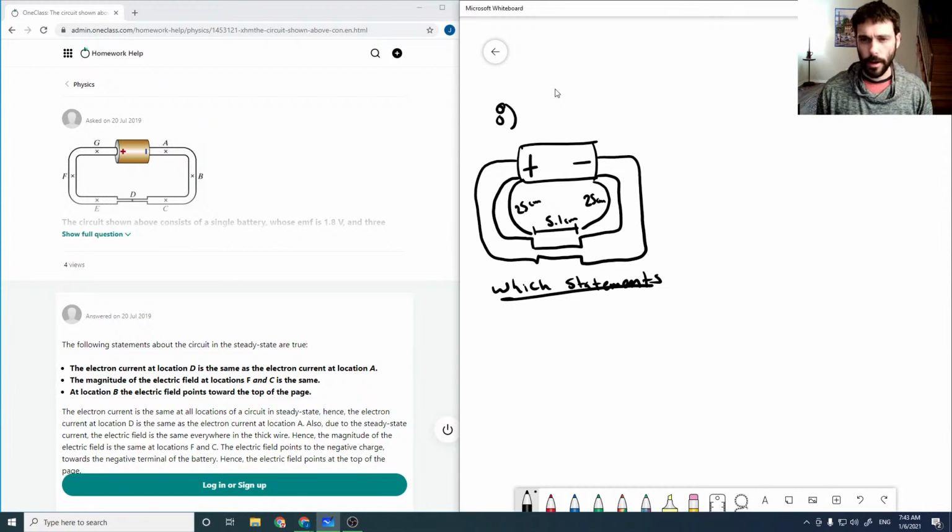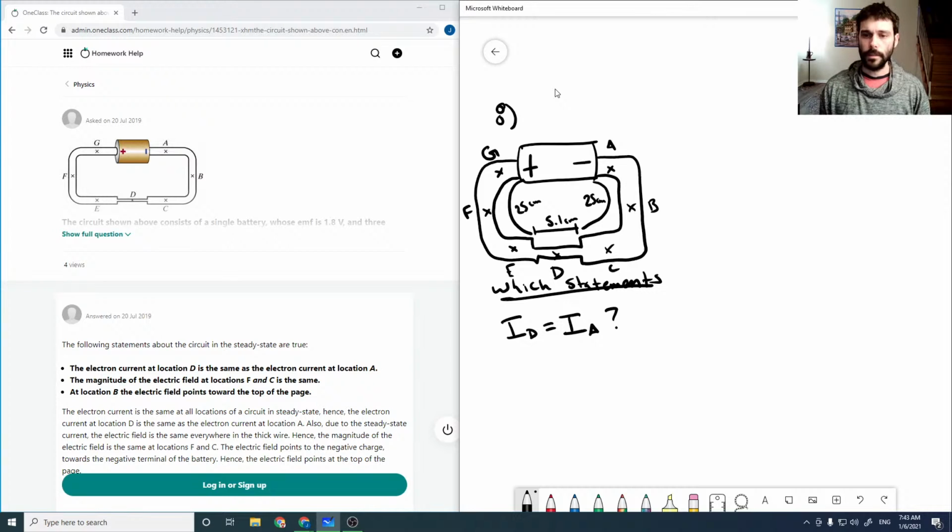And the questions are, so I'll sketch on here, this is A point, B, C, D, E, F, and G. Is ID equal to IA? So is the current the same at point D as A?